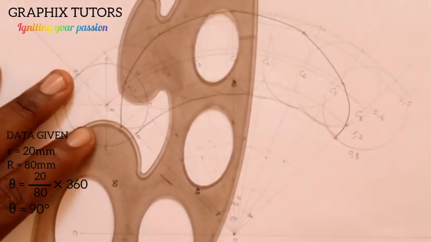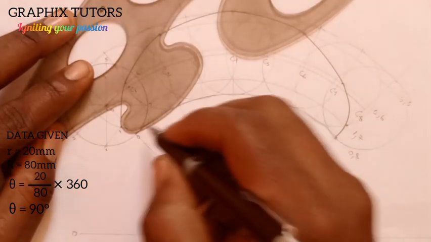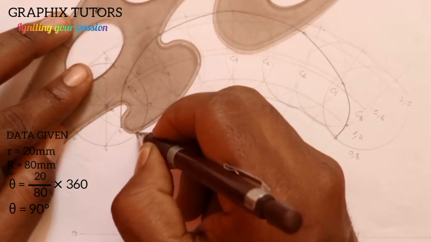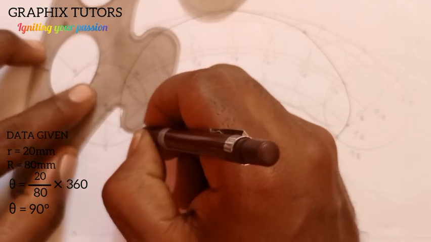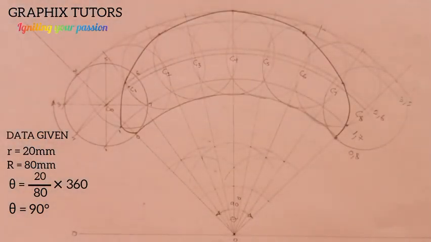Which is this. Which is this. So if I'm doing that, I'll be having this. So this is what we call an epicycloid, right?